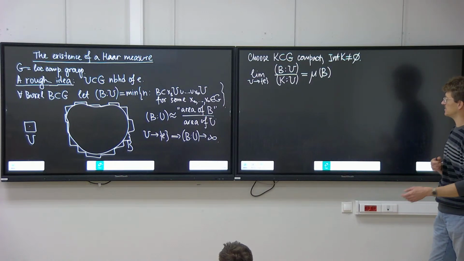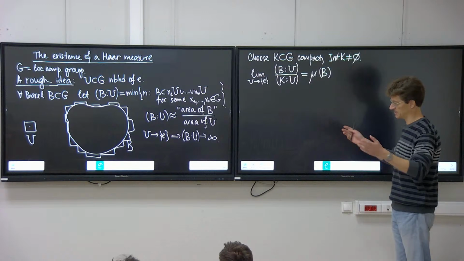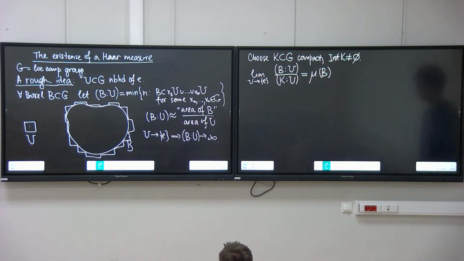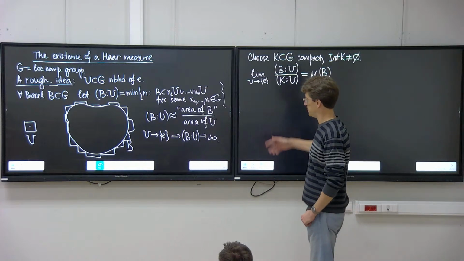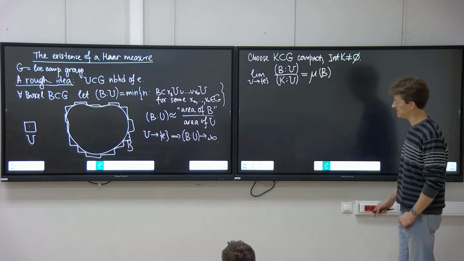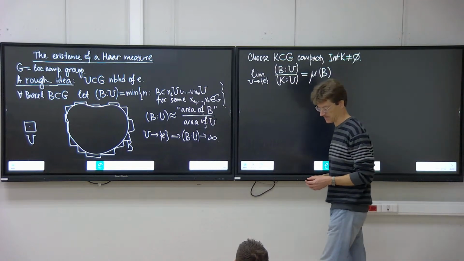In fact, it turns out that this procedure works well in the case where B is compact. So first we will define a measure on compact sets, and then we have to extend it to all Borel sets, which is also not entirely trivial. A full proof which follows this idea can be found, for example, in the famous book by Paul Halmos, Measure Theory.